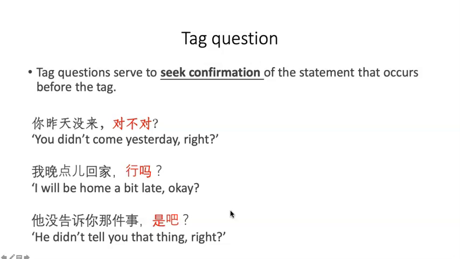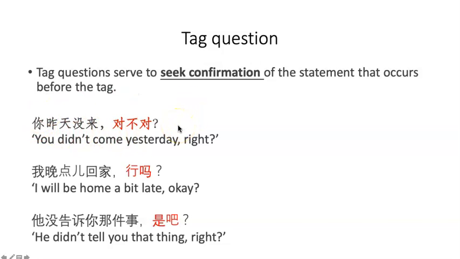Tag questions serve to seek confirmation of the statement that occurs before the tag. This is the function of the tag question, seeking confirmation. For example, 你昨天没来, this is a statement. 对不对? By using a tag, changing this to a tag question, 你昨天没来，对不对?